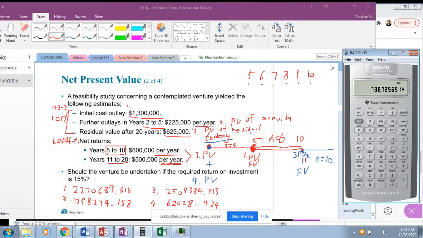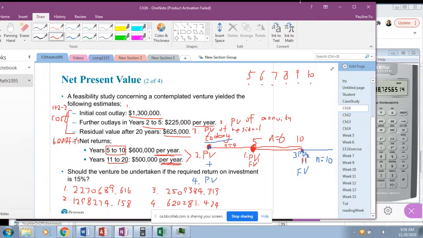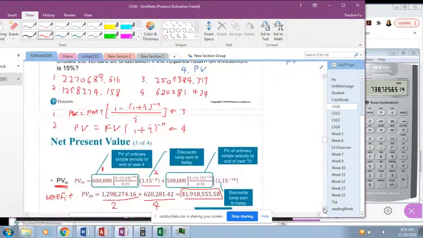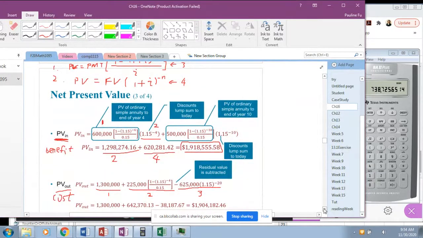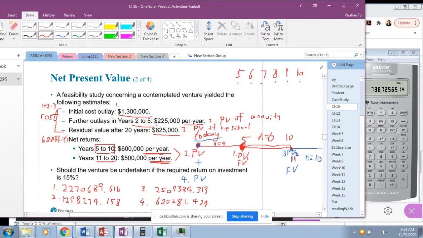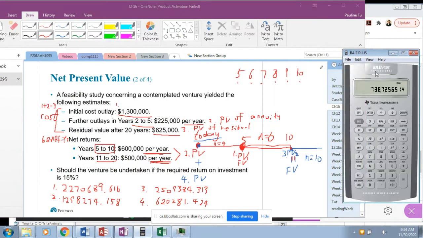Step 3, present value of the residue. Let me check this number to see. The number does not agree with this one here. I'll double check the step 2 number. For step 2, we need to calculate the annuity for year 2 to year 5.